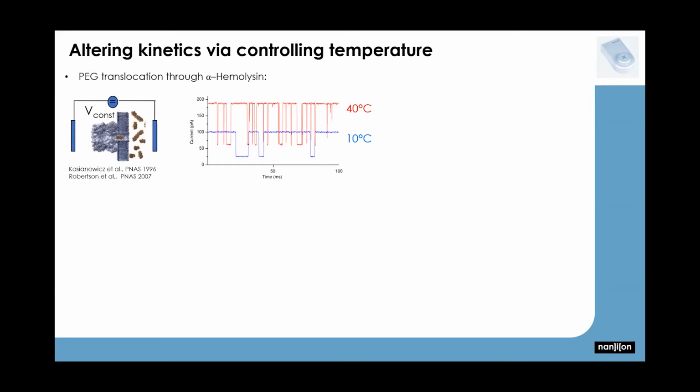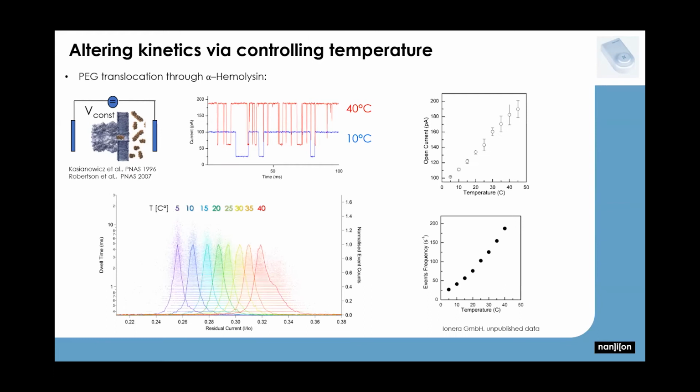And by cooling everything down, you could make these events last a bit longer, so you could catch events you would otherwise miss. And we did this on the Orbit Mini, and we could really nicely see that we have an increase in open pore current, as we would expect with rising temperature, and also an increase in the frequency of events as more molecules would pass through the pore.